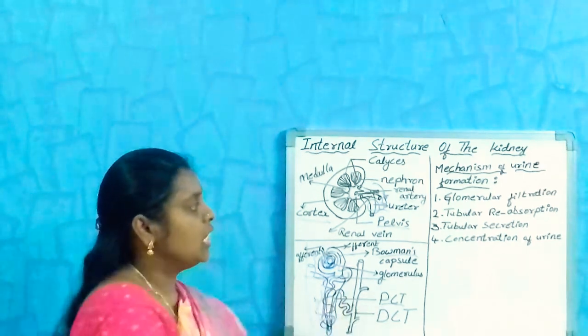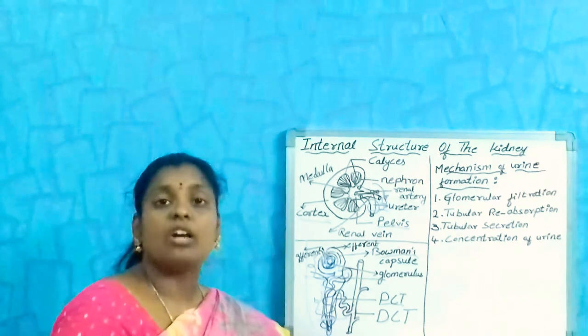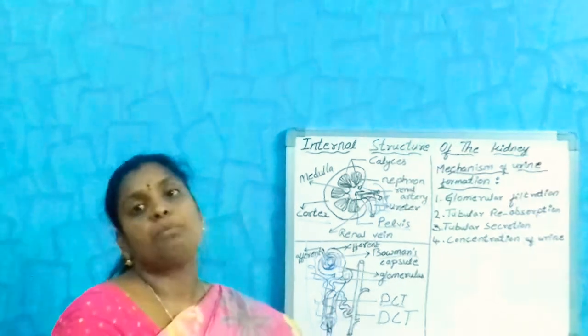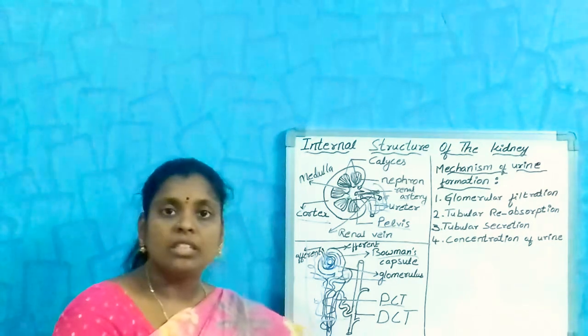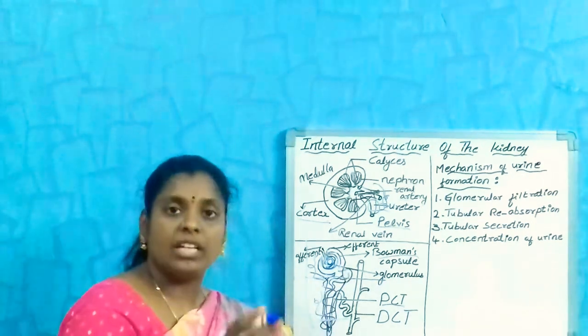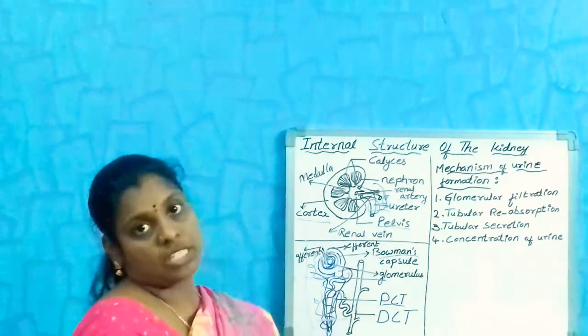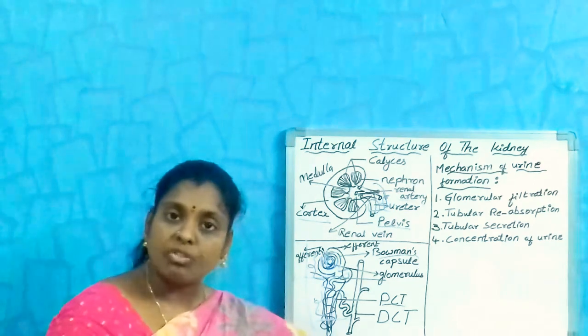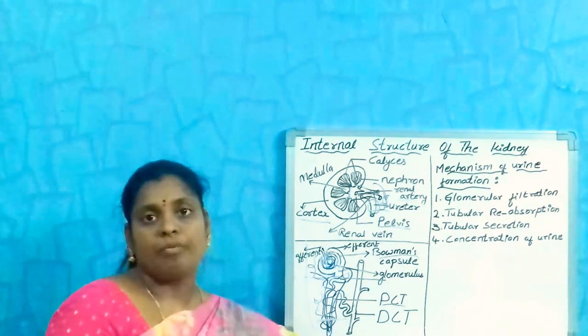The next one is tubular reabsorption. Why are we calling it reabsorption? Whatever blood is purified in the glomerulus may sometimes contain some useful components of the blood.